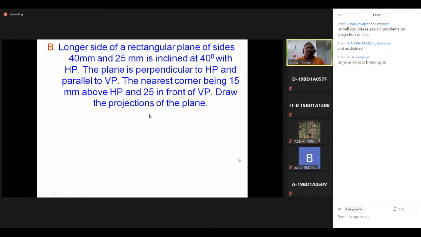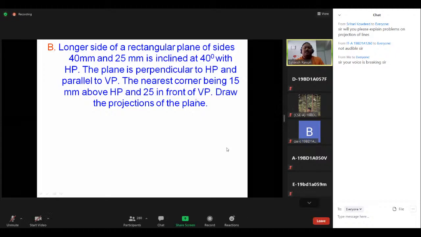But in the earlier problem, the longer edges of the rectangle were parallel to HP and the short edges of the rectangle were perpendicular to HP. Now there is a small change in the position of the edges. The longer edge is making an angle of 40 degrees.